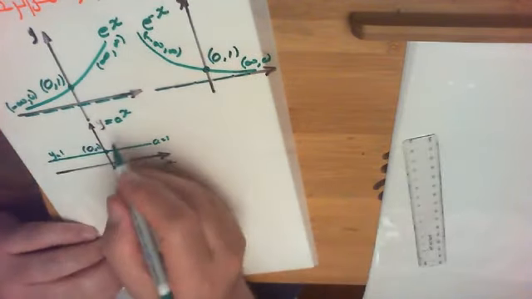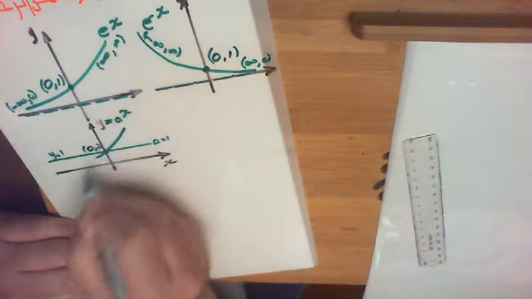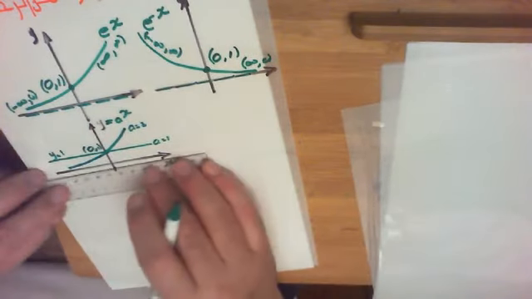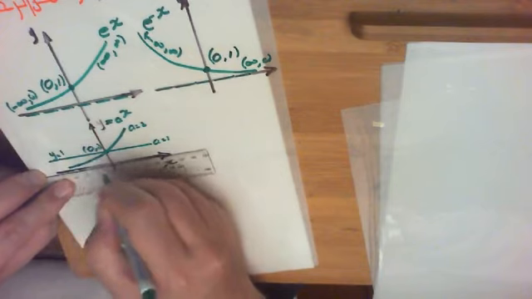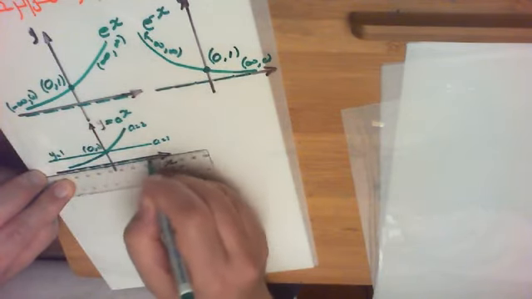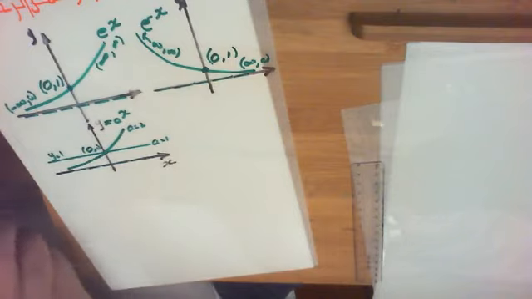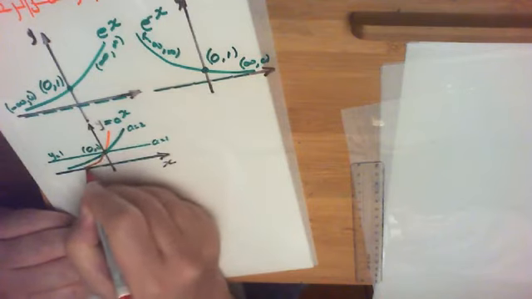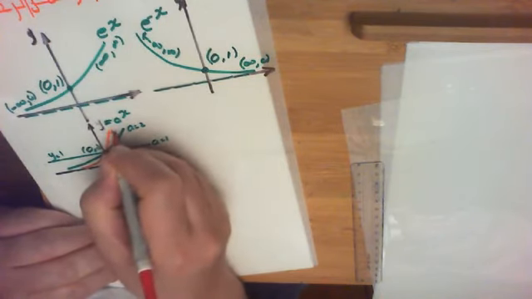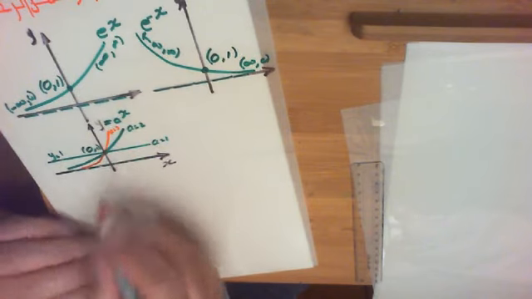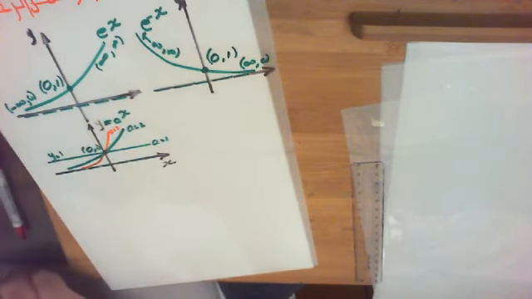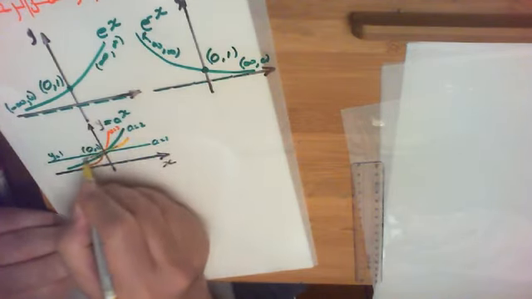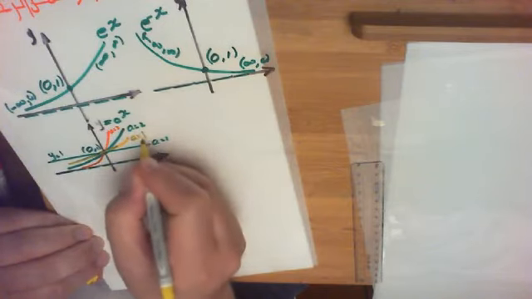For example, if a equals 2, we have such a curve. Still, the x-axis is a horizontal asymptote. If a equals 3, we have such a curve. A equals half below, and so on.